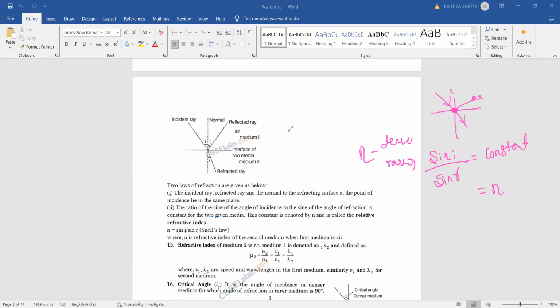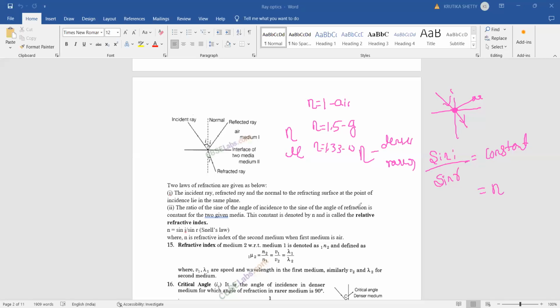In some books it is denoted by n, in some books it is denoted by mu also. Here some standard values are also there. n equal to 1 is for air. n equal to 1.5 is for glass. n equal to 1.33 is for water. Correct? So this is the refractive index.